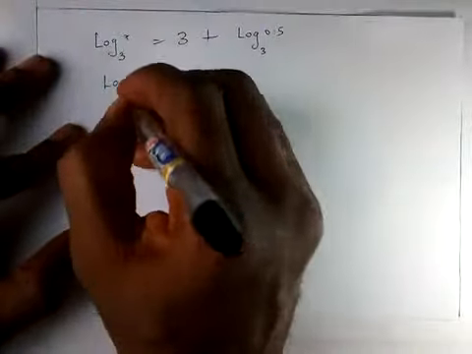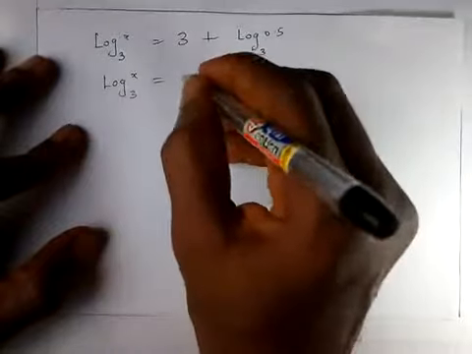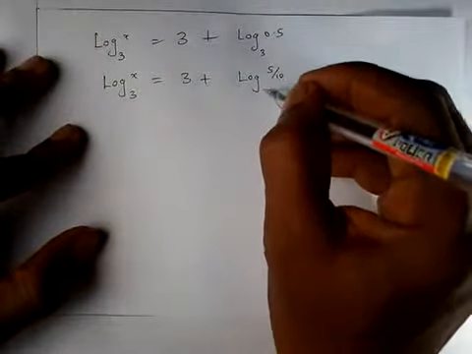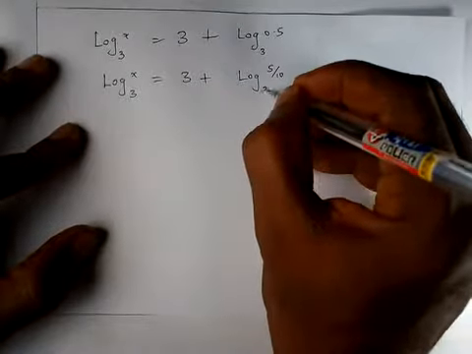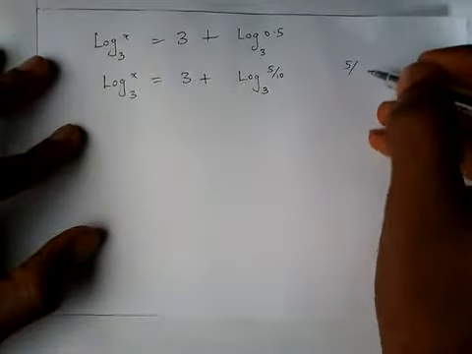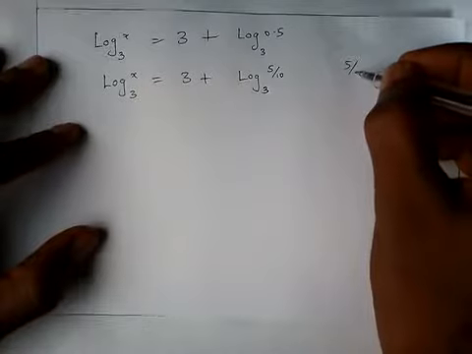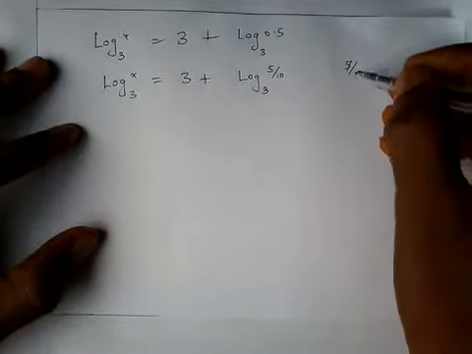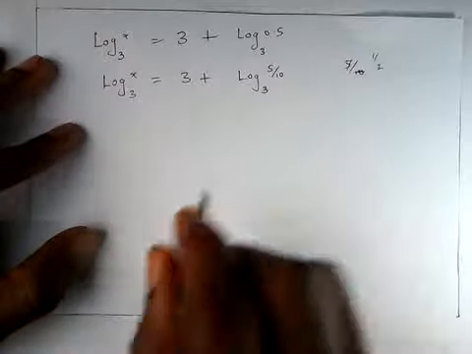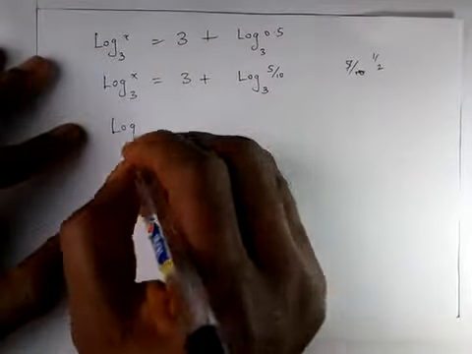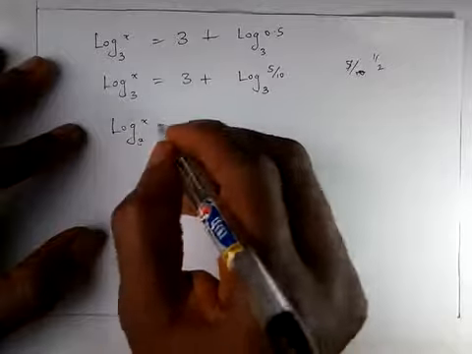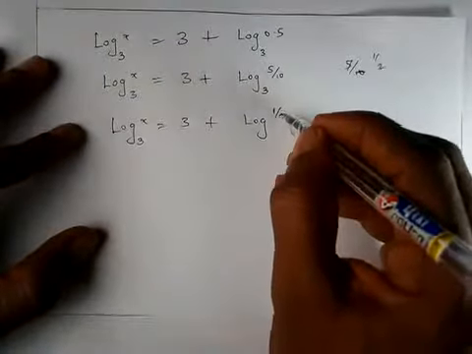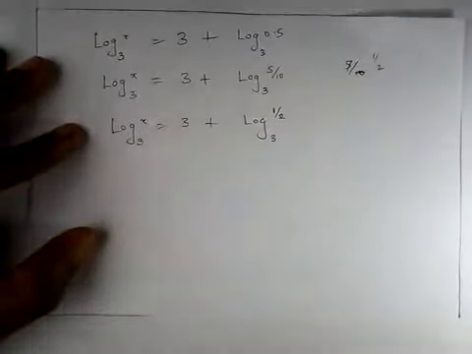Okay, so log s to base 3 is equal to 3 plus log 5 over 10 to base 3. 5 over 10 is the same thing as 1 over 2, so it is equal to 3 plus log 1 over 2 to base 3.